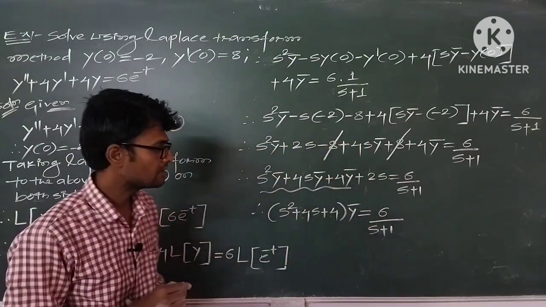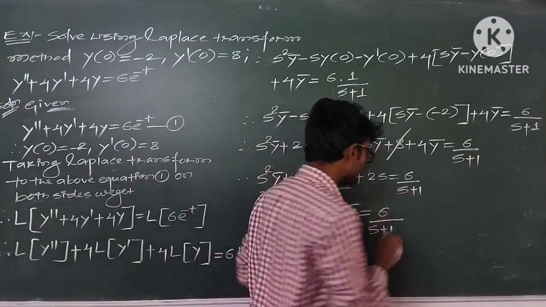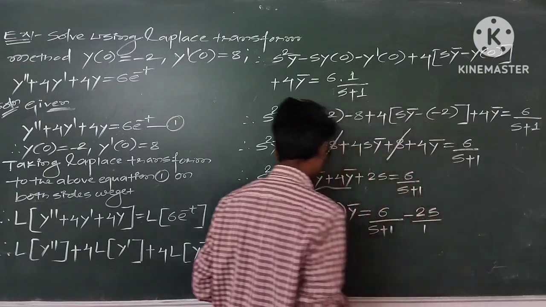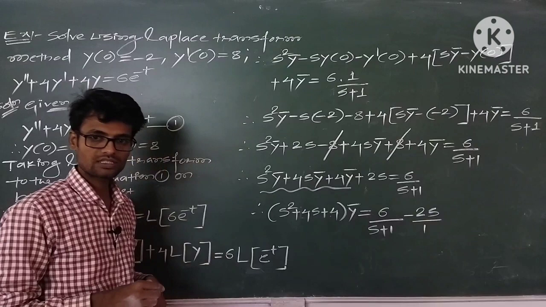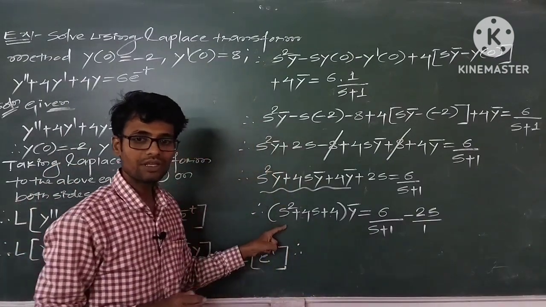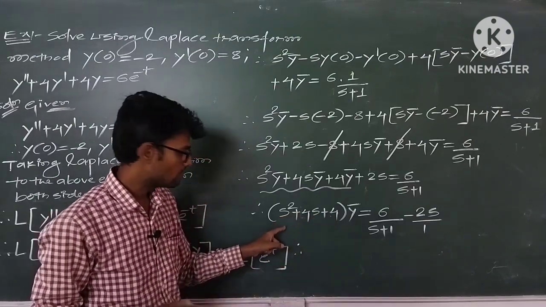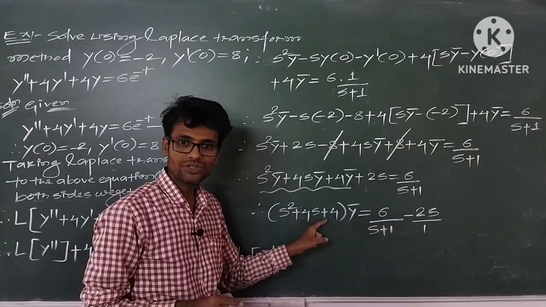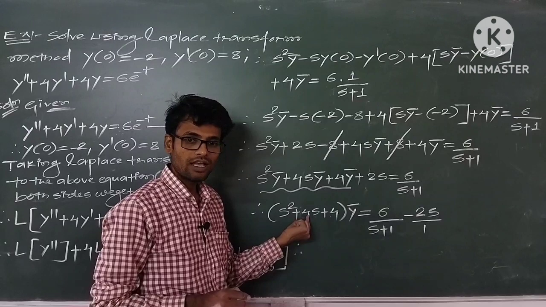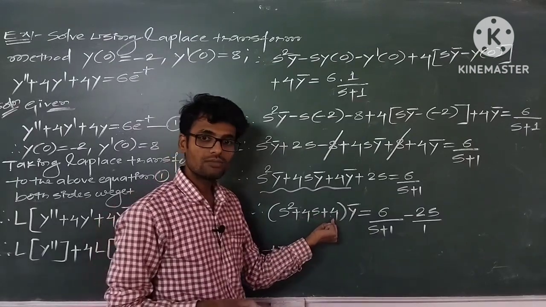You take plus 2s to this side, it becomes minus 2s, so minus 2s divided by 1. Now it is in the form of a square plus 2ab plus b square. Here a is s, b is 2, and b square means 2 square.